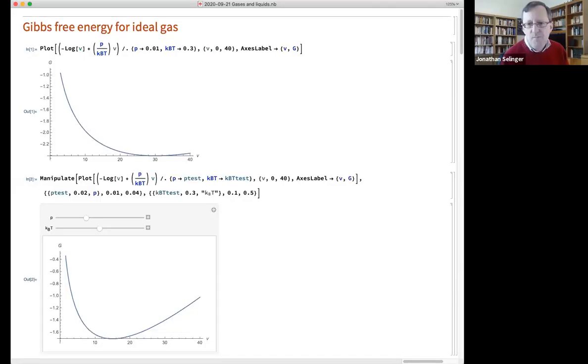Okay, so let me stop sharing the whiteboard and I will start sharing the Mathematica. Okay, you see the Mathematica, right? Okay, good. So here, first, in this Mathematica file, I have the Gibbs free energy for the ideal gas. This is the sort of plot that we looked at a few days ago. We could see that there's a certain minimum, and the minimum changes depending on pressure and temperature.